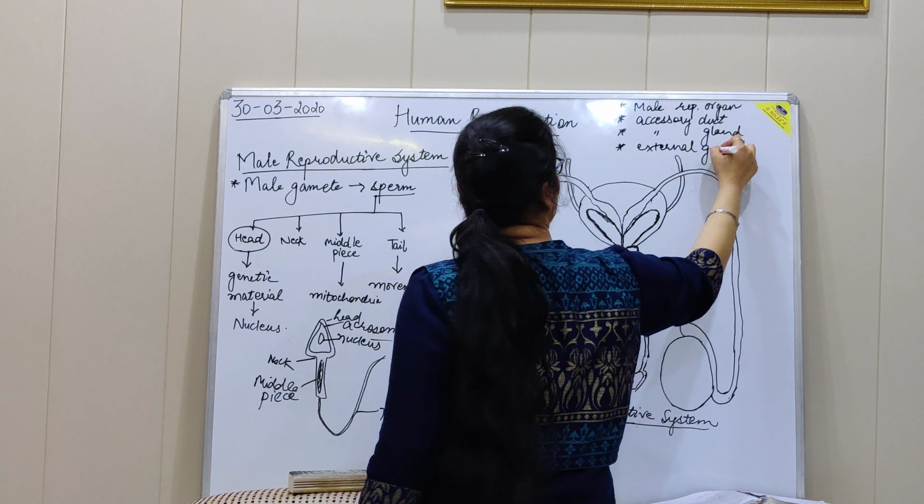These 4 things we are going to study in human reproduction, that is the male reproductive system. Okay, first is testes. Testis is the male reproductive organ.